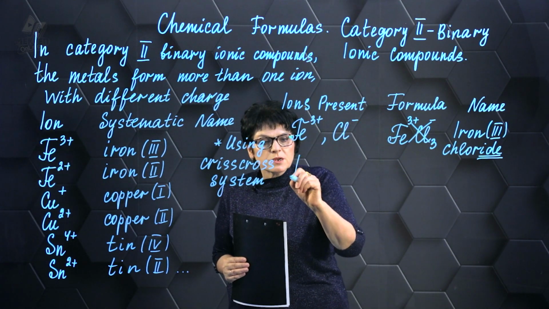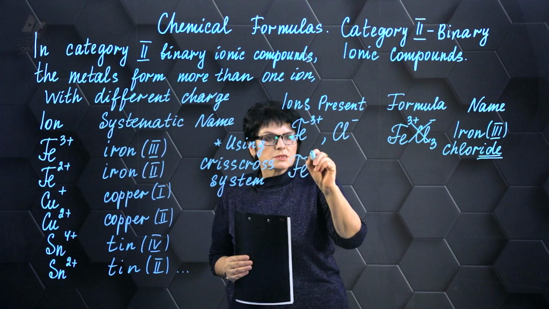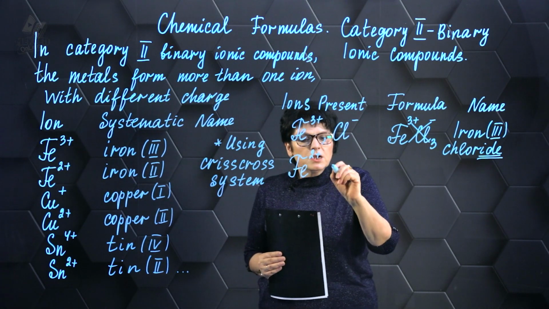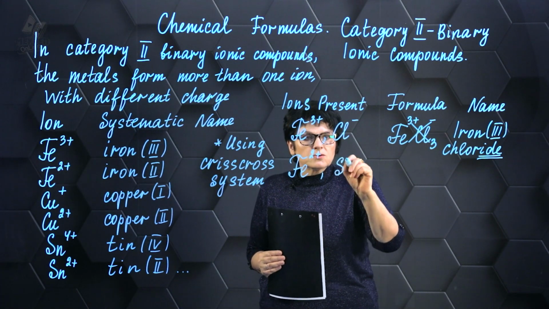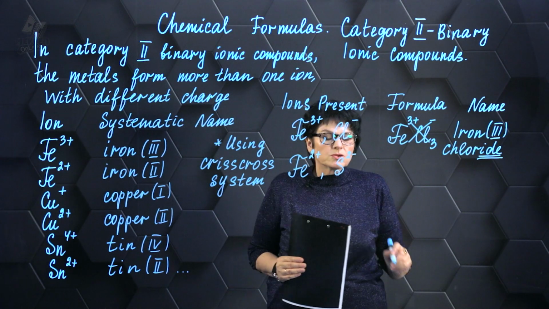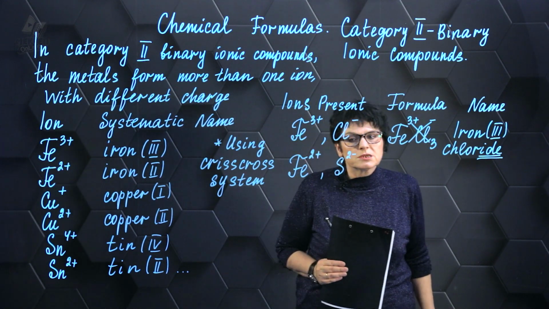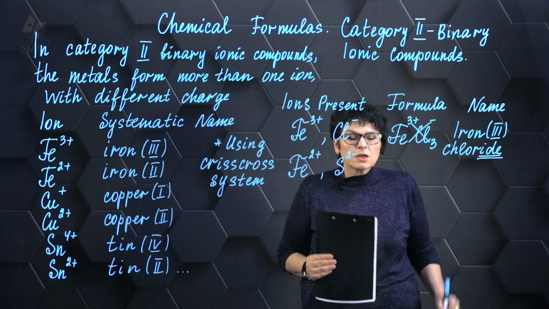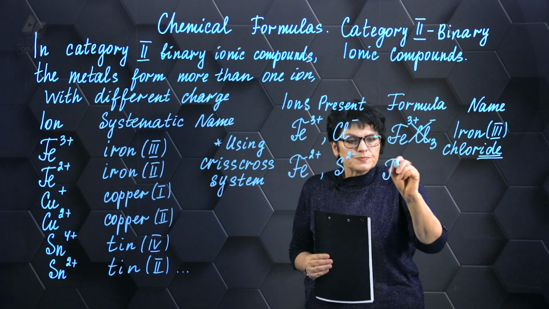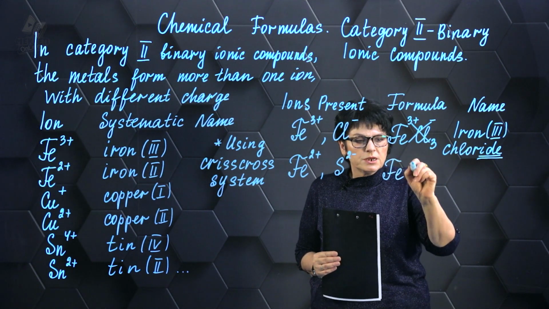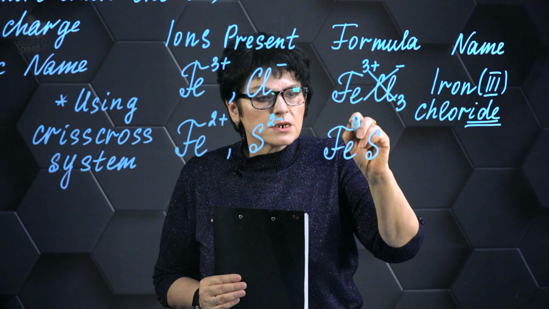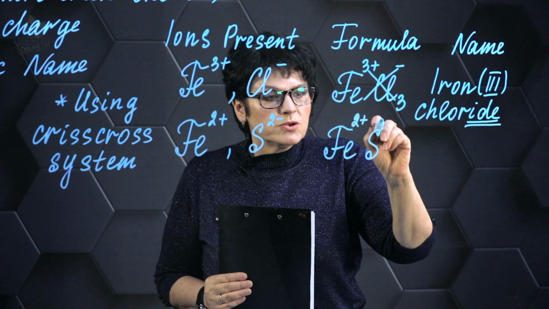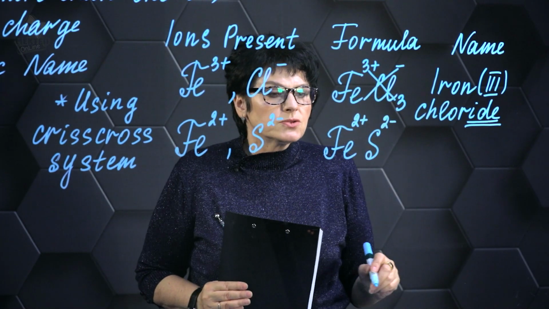Okay, moving on to the next example, we will consider iron, which has a charge of 2+, and another element like sulfur, which has a charge of 2 minus. So what is the formula going to be? Iron in the first place, sulfur in the second place. Iron has 2 pluses, sulfur has 2 minuses.